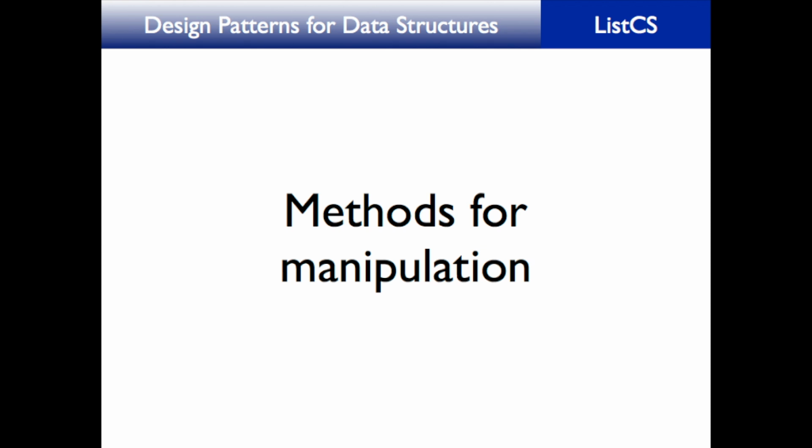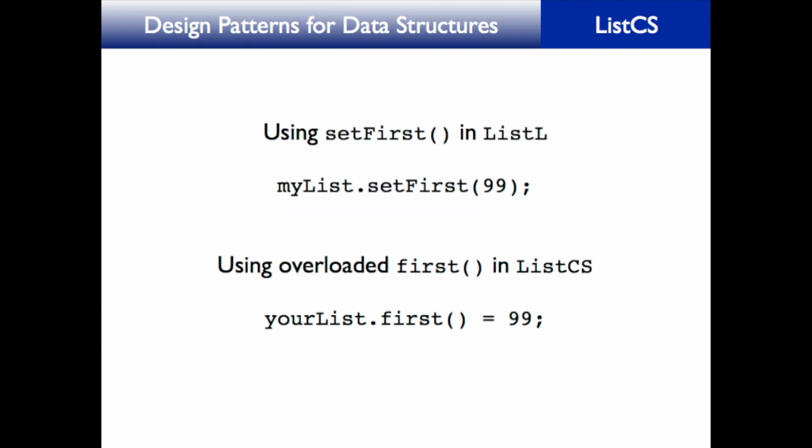And now here in this next slide is a key difference between how we use first in list CS and how we use setFirst in list L. In list L, we have a method called setFirst.